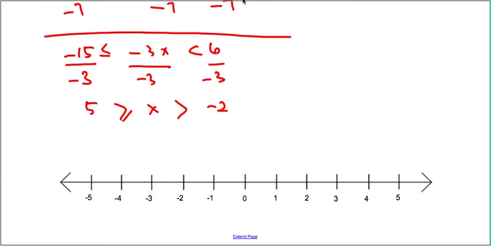Then x has to be less than or equal to 5, so here we have a closed circle because we're including 5, but an open circle at -2.